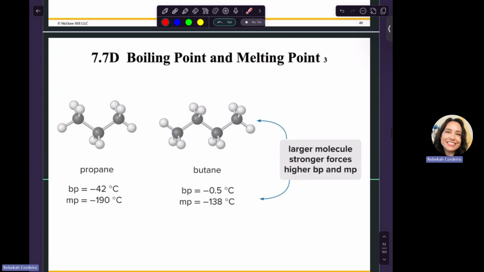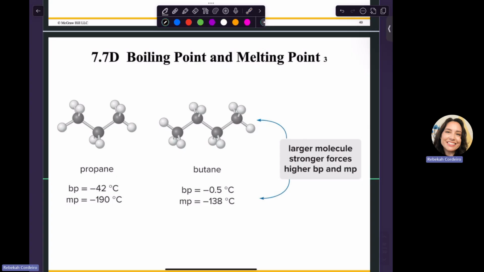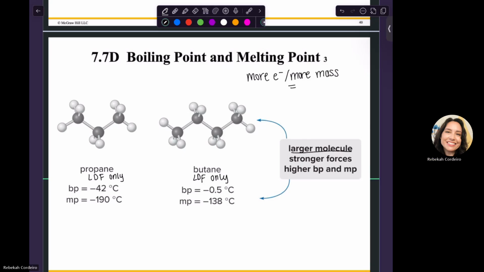Now, what if both of these have London dispersion only? So what if they all have London dispersion force only? How can we rank them as far as boiling point? Well, the more electrons you have, or the more mass you have, the larger the molecule, the stronger the London dispersion.